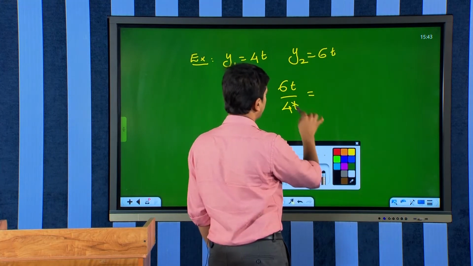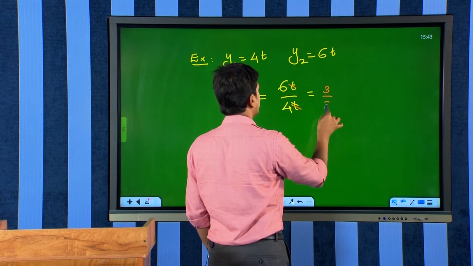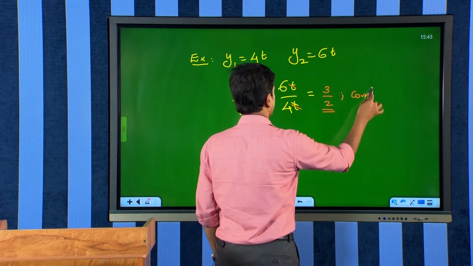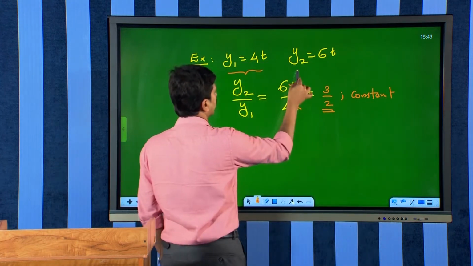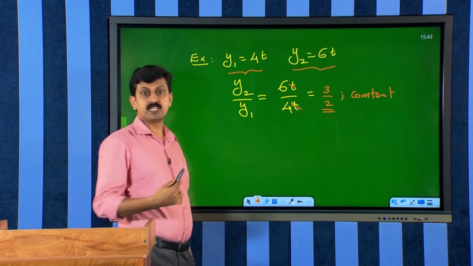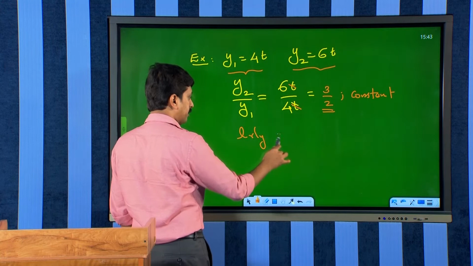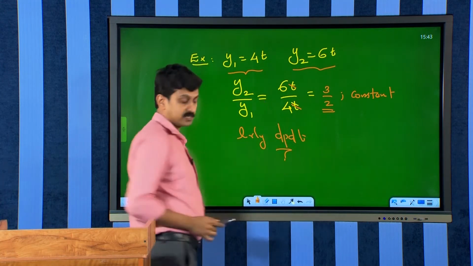Finally, 6 by 4 is equal to 3 by 2, which is a constant. So we can write that y1 equal to 40 and y2 equal to 60 are linearly dependent functions.